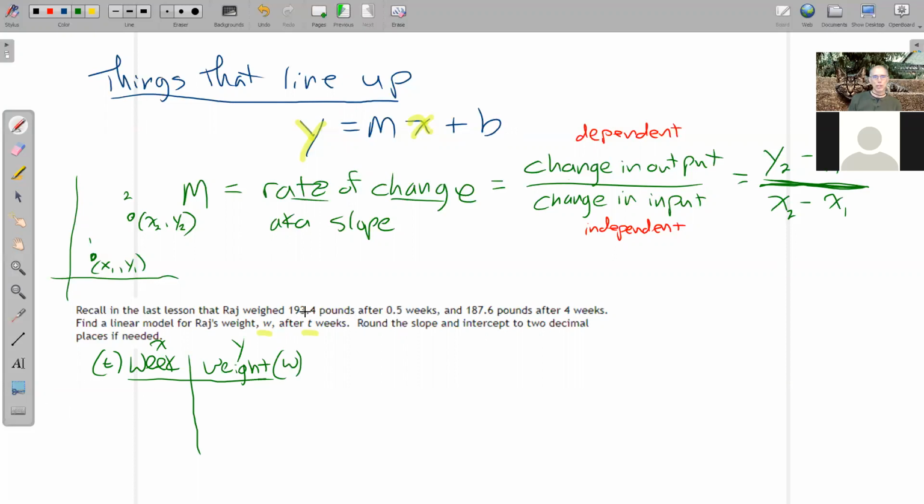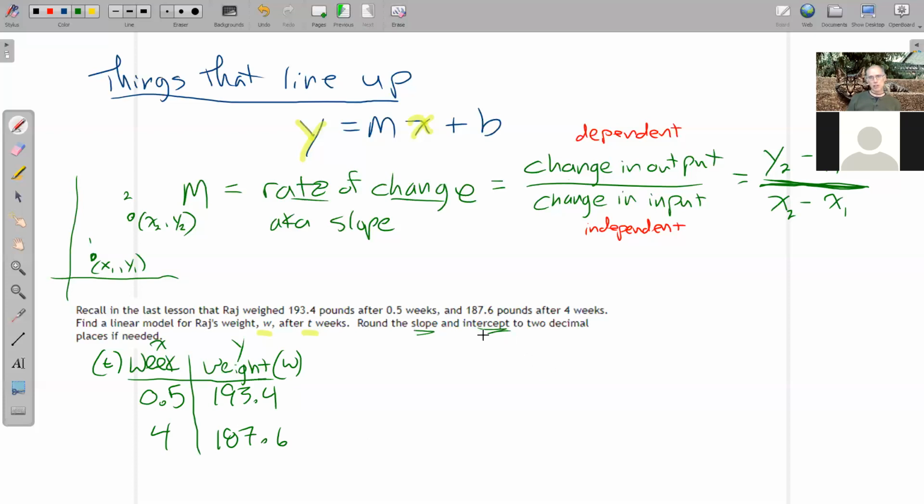So half a week he was 193.4, so they don't quite tell us where he started, but close. So half a week in, 193.4, and then 4 weeks after starting, so 4 weeks later, he's at 187.6. And I'm asked to find the slope and intercept.